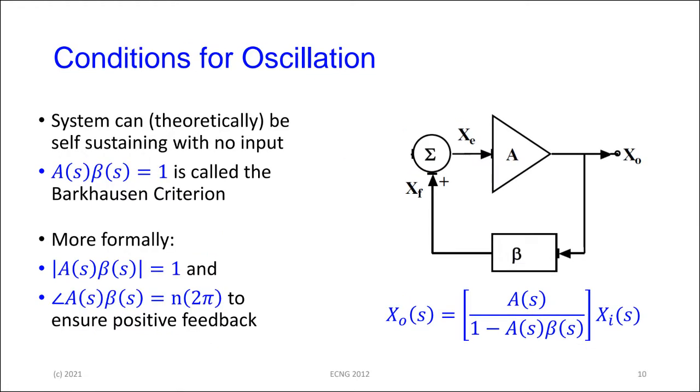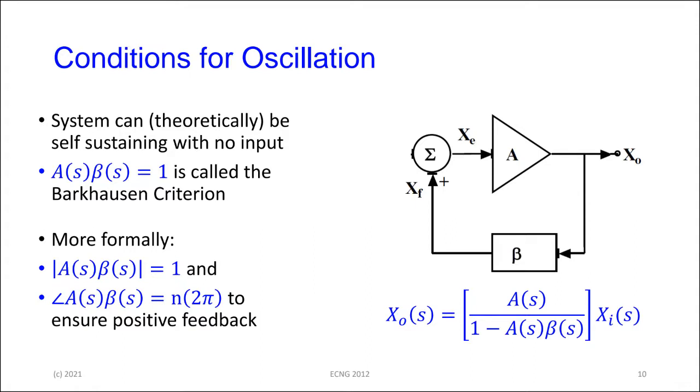That is what they call, fancy term, the Barkhausen criterion. So a system looking like that with a simple block diagram, notice how we removed the input from it, just for illustration purposes.